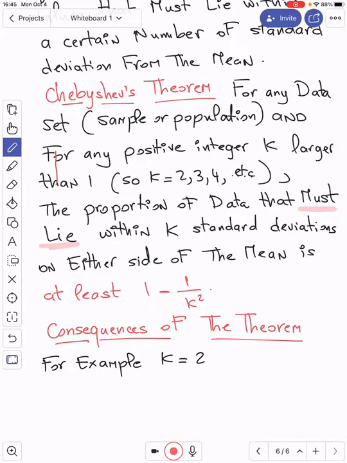So what does the theorem say? Well, it says the proportion of data that must lie within, so if k is 2, that will be 2 standard deviations on either side of the mean, is at least 1 minus 1 over 2 squared.